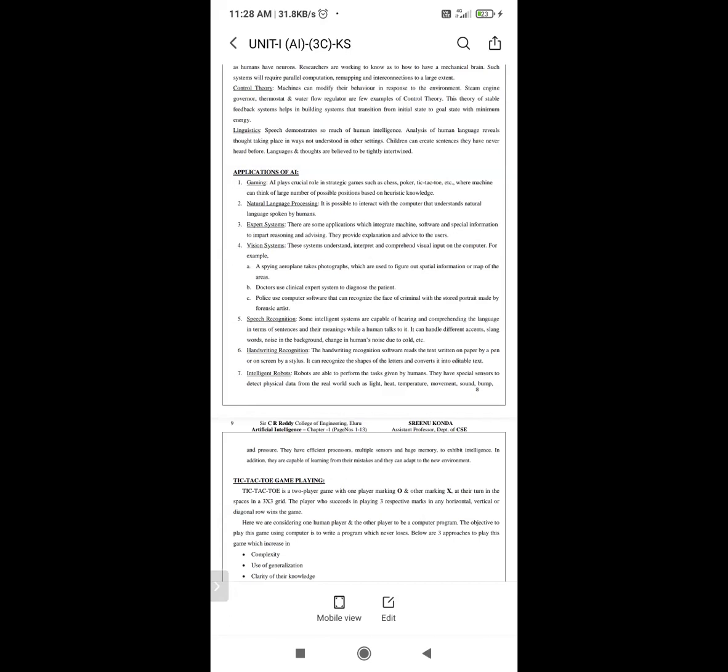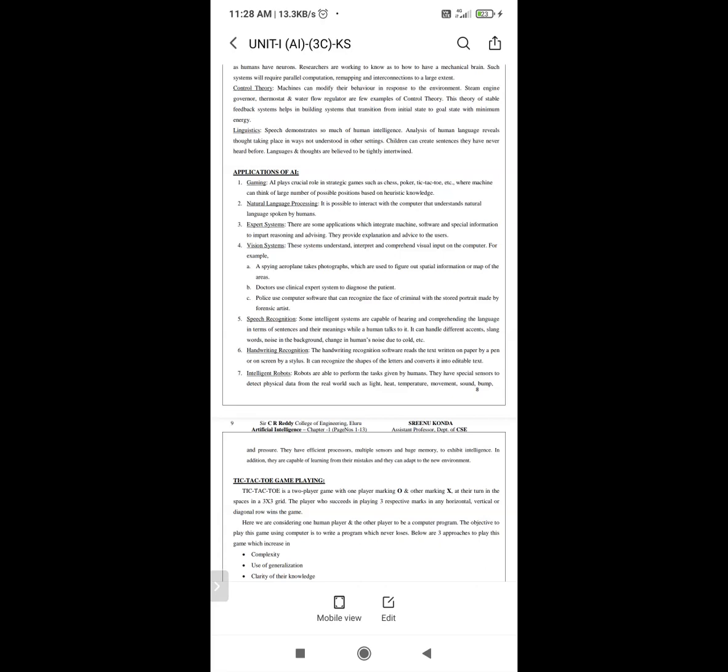Whatever the situation is, the system is going to understand and take decisions based on the speech. The speech recognition system is going to understand or recognize the speech, and it is going to identify the person, right?